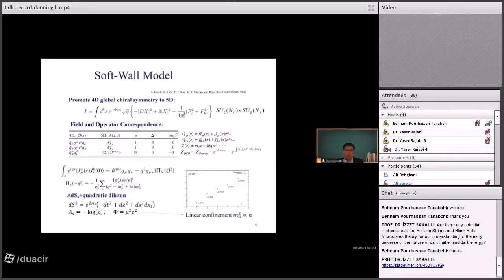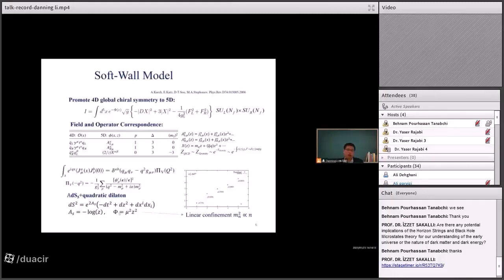So in the soft wall model, it has all the ingredients to discuss the chiral transition, and I will focus on this model.